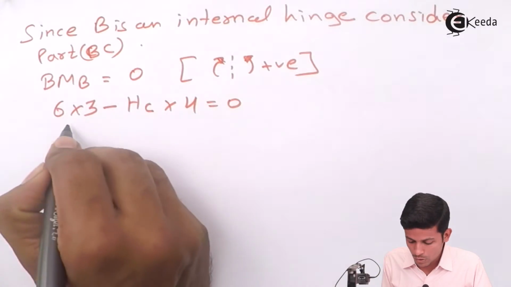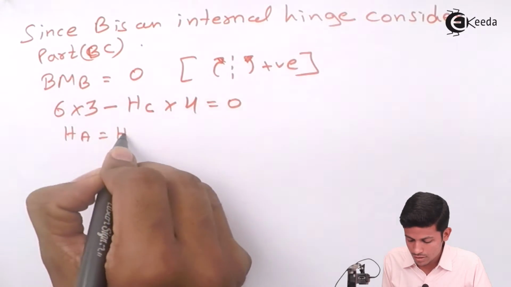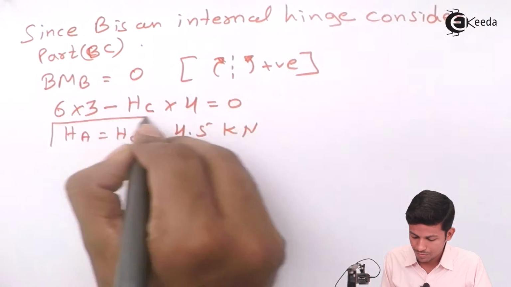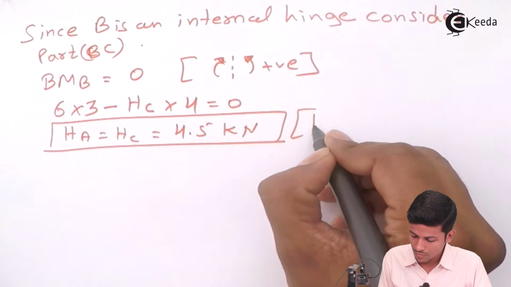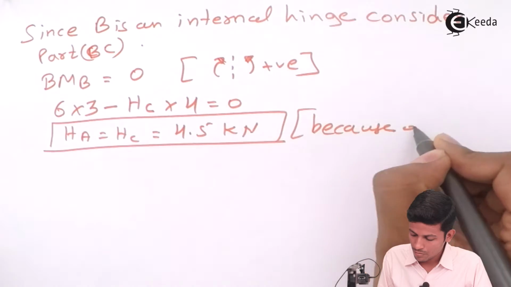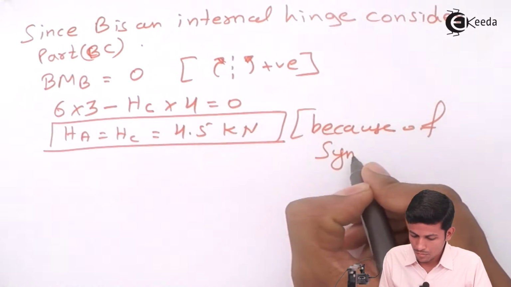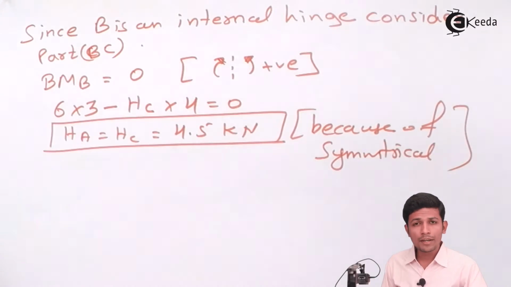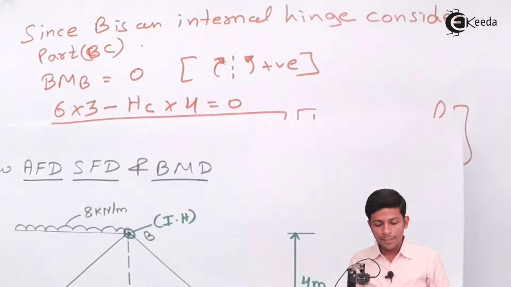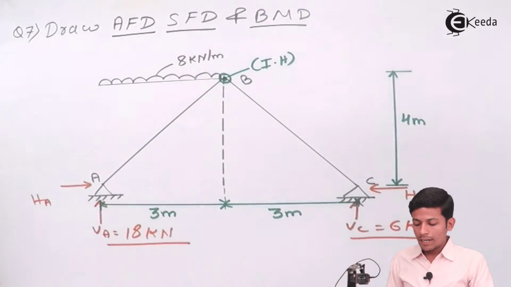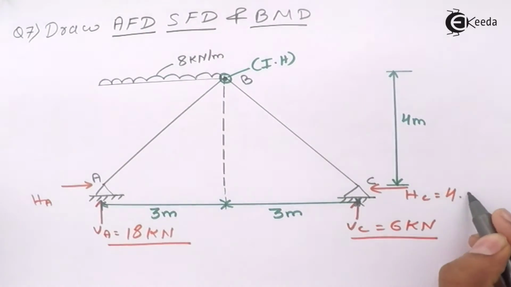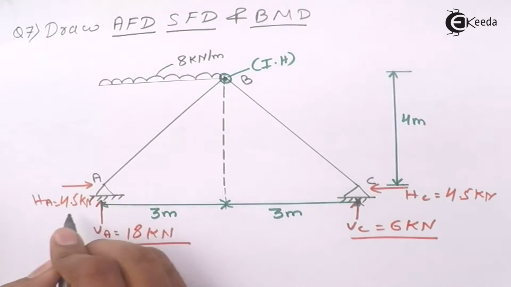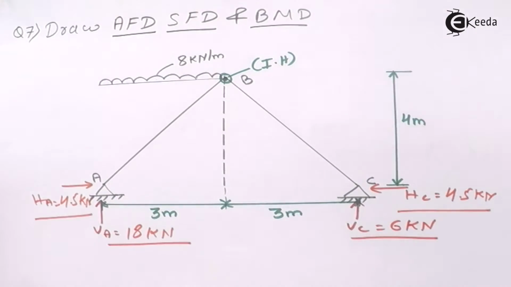While solving this, you get the value of HA equal to HC equal to 4.5 kilonewton, because of symmetry. Now we are done with the first part. This will be 4.5 kilonewton, and this will also be 4.5 kilonewton.